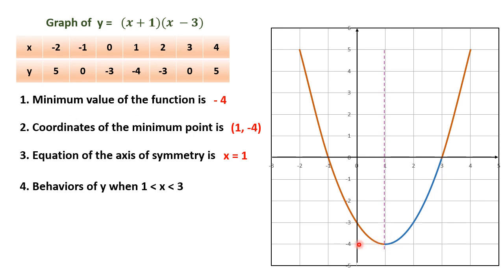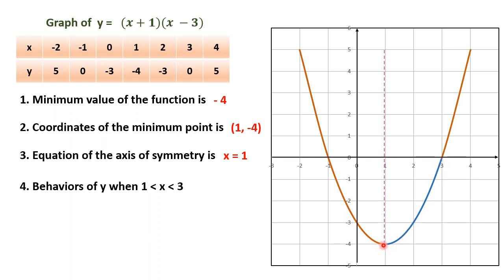Let's go through the y-axis. The x range is between 1 and 3. According to that, you can see here the interval values of y. Here minus 4, here 0. So between the range of minus 4 and 0, what happened to the function?